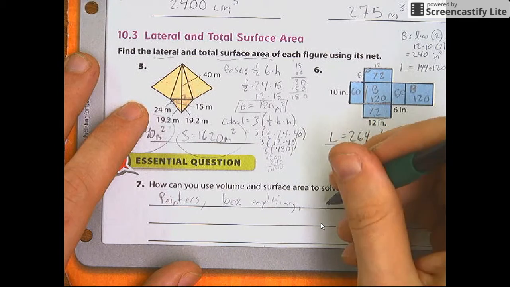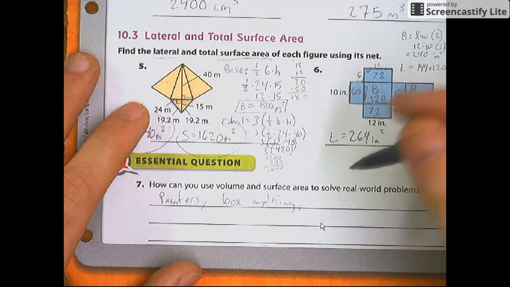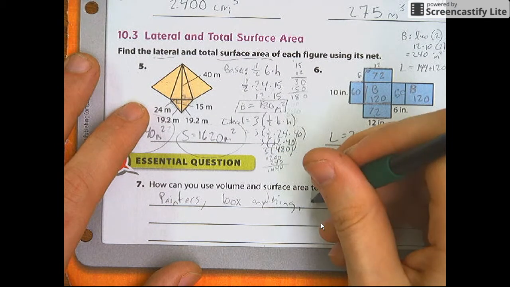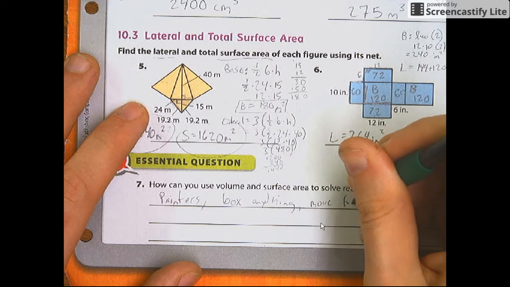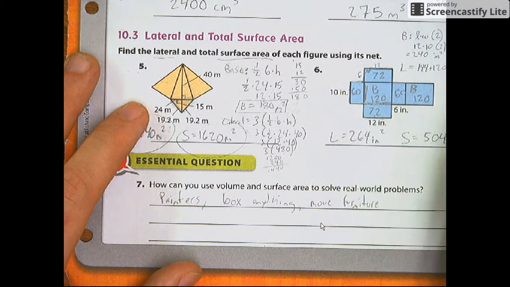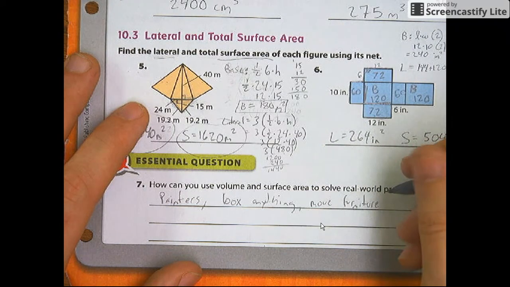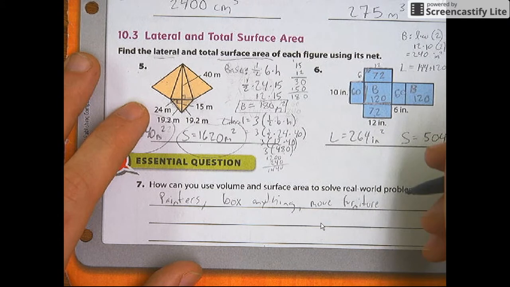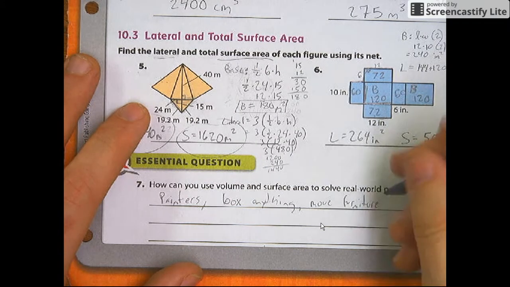If you are moving and you have to move your furniture around, you have to know how the volume fits. If you are moving and you have to use a moving truck, you have to know how much volume your truck contains and whether or not your possessions require that much volume.